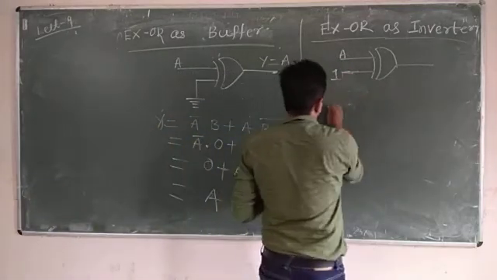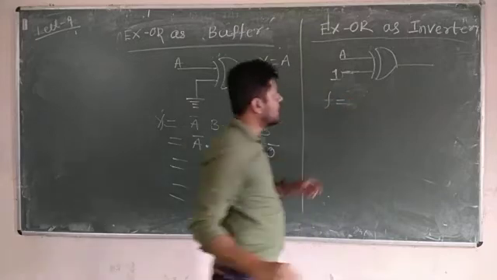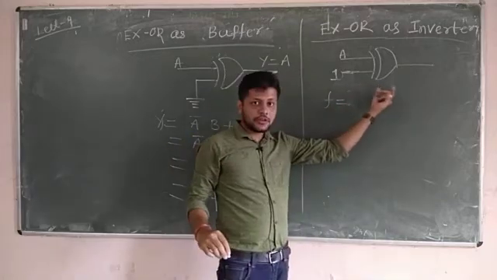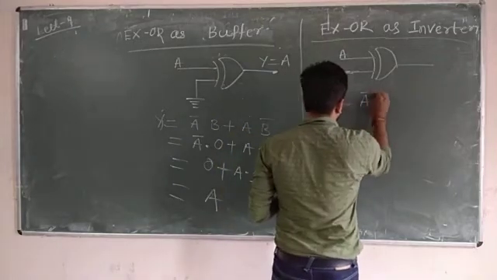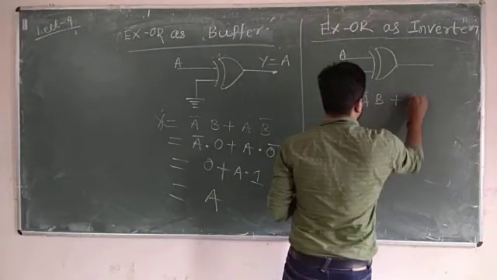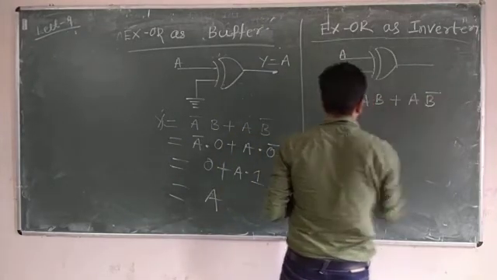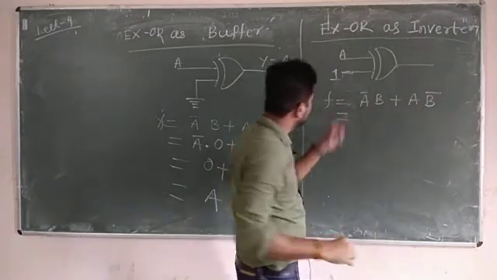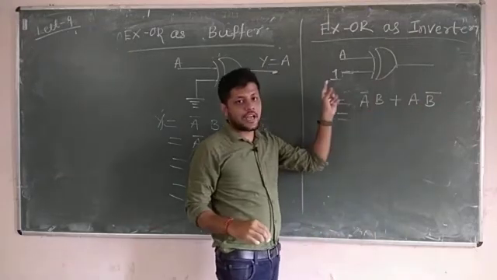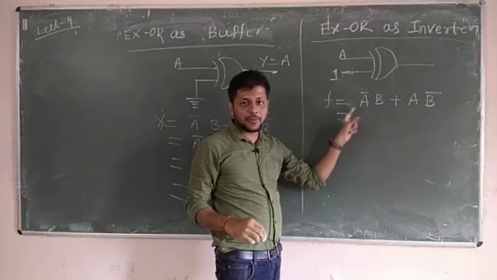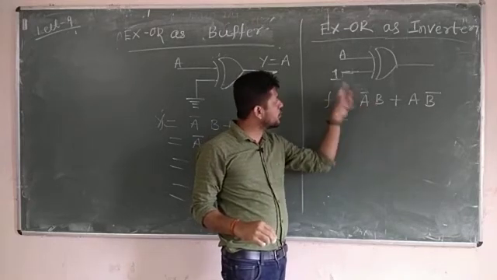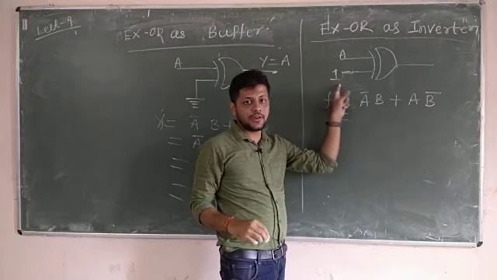Then how to find it? First of all, we know the expression for the exclusive OR gate, that is A bar B or A B bar. Here in place of B, I am applying 1, so B equals 1.